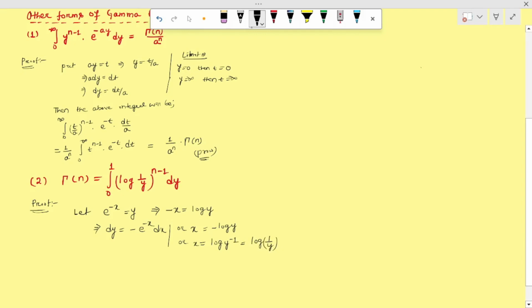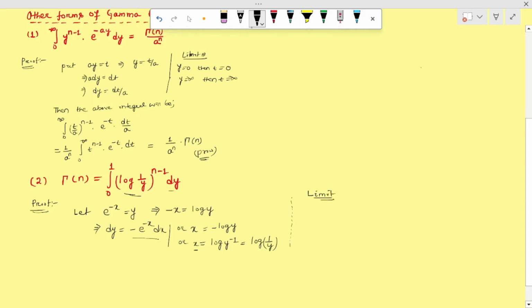Then instead of log 1 by y we can substitute x, and instead of dy we can substitute minus e to the power minus x dx.